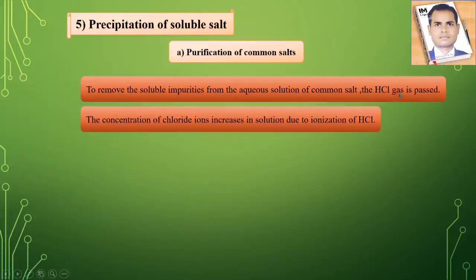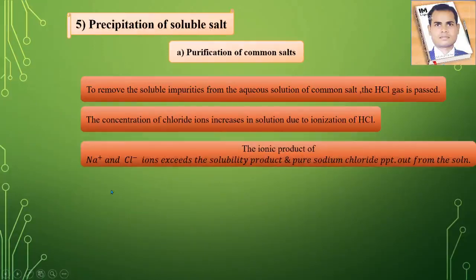The ionic product of Na plus and Cl minus ions exceeds the solubility product, and pure sodium chloride precipitates out from the solution. Like this, you get the purification of common salt, that is NaCl.